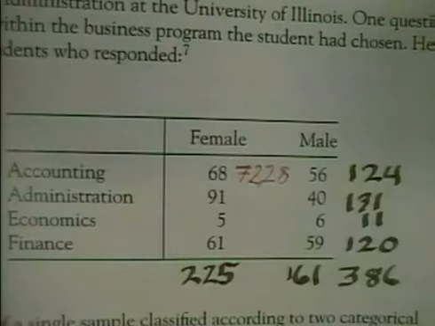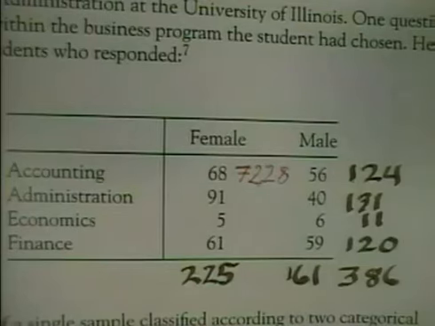Okay, and we have female and male. And we had 68 here, and we expect 72.28. Let me run some numbers quickly, and then we'll go to the board. Down here we had in the column total 225, and we have 161.